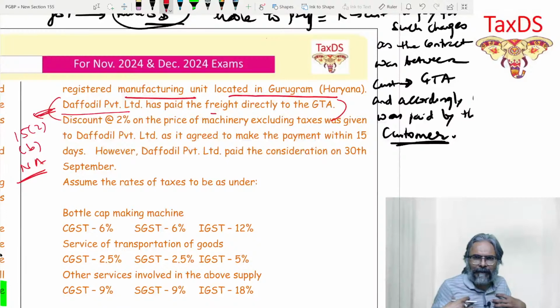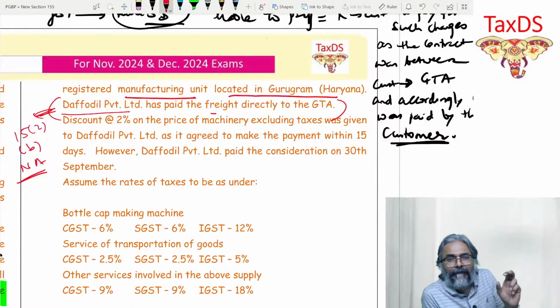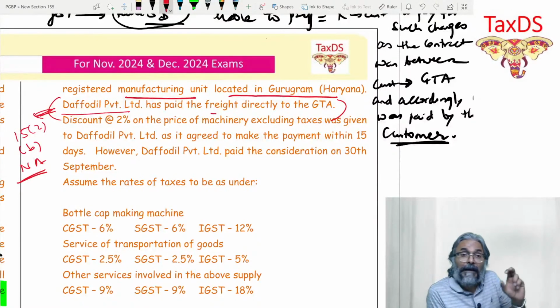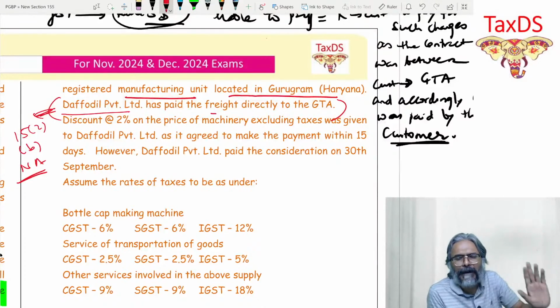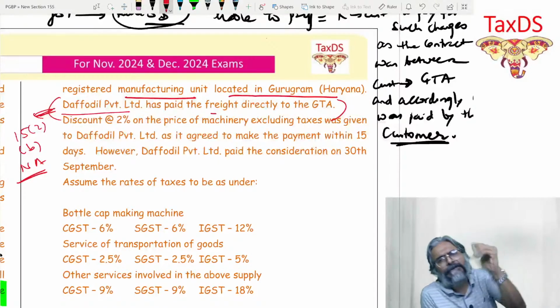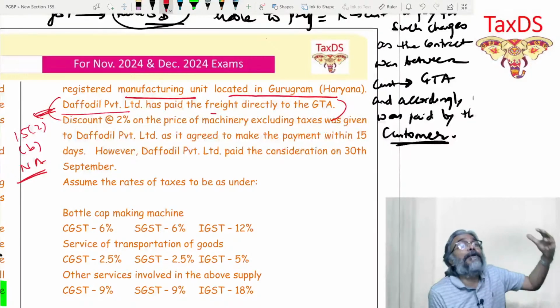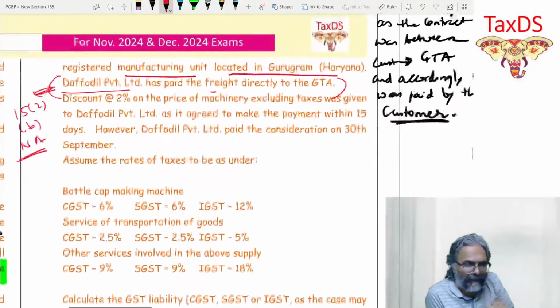The supplier, Avient, was not liable to pay for GTA. Why? Because the contract was between the receiver customer, Daffodils, and the GTA. So therefore, Avient was not liable to pay, and hence 15(2)(b) additions will not take place.